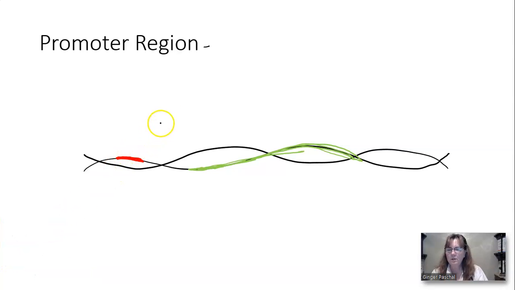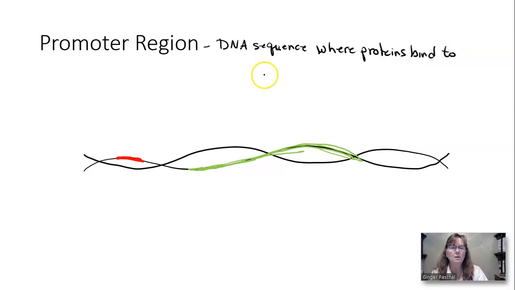The promoter is a DNA sequence where proteins bind to initiate transcription.